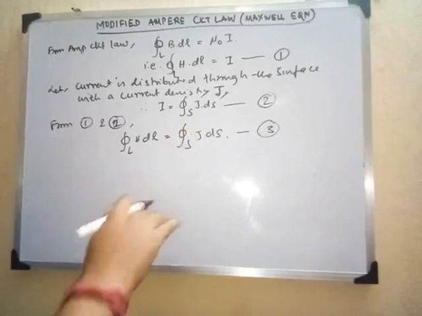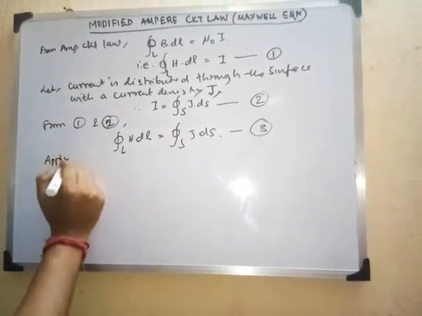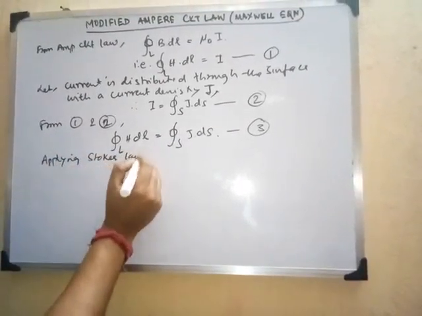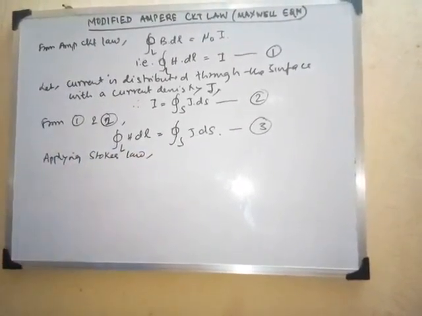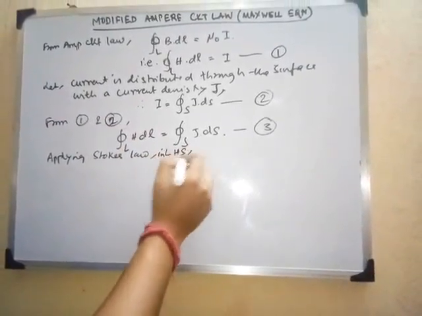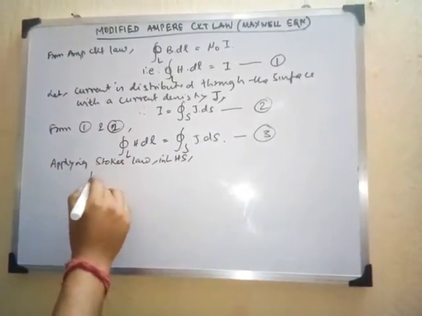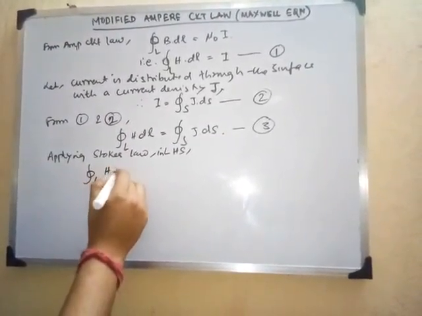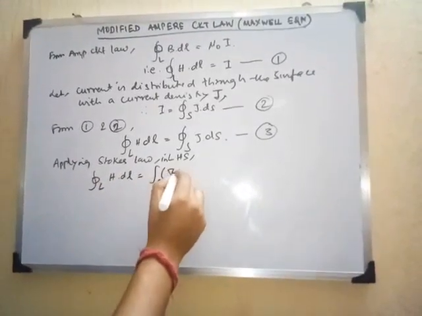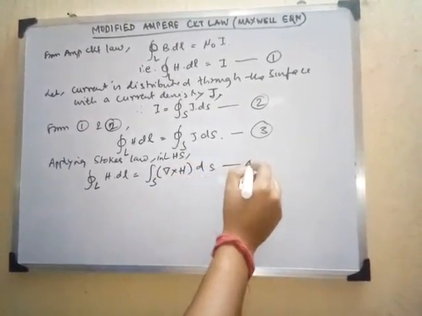Now we will apply the Stokes law, as I said before, on the left hand side. What comes is that the line integral of H dl will be equal to the surface integral of del cross H ds, right? This is our expression number 4.